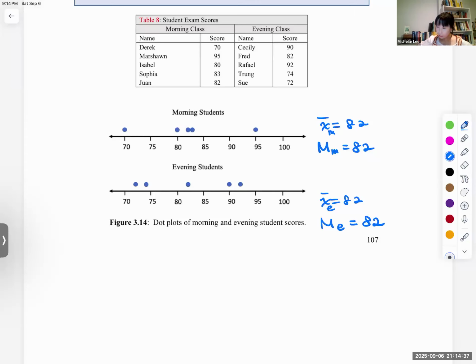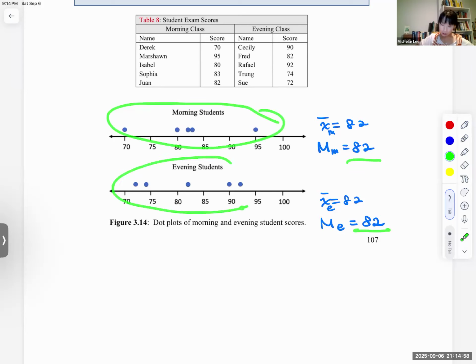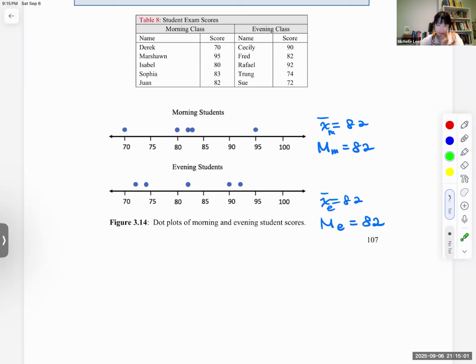Okay, so I brought the answers: the mean of the morning students' scores and the evening, and also the median of the morning and evening students' scores, and then the dot plot here. Everything is the same, right? Their mean is the same, the median is the same.